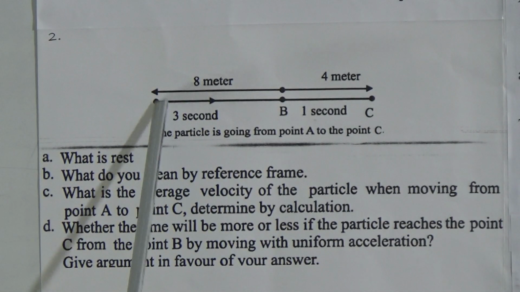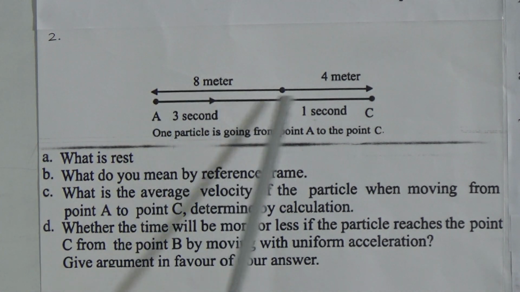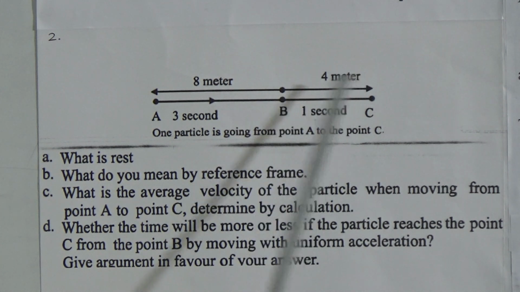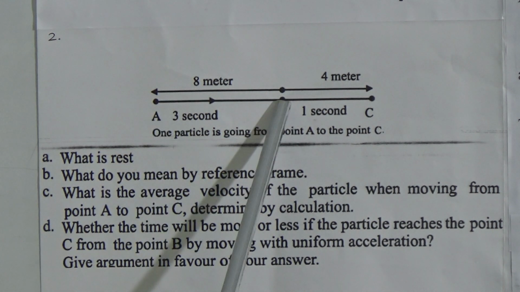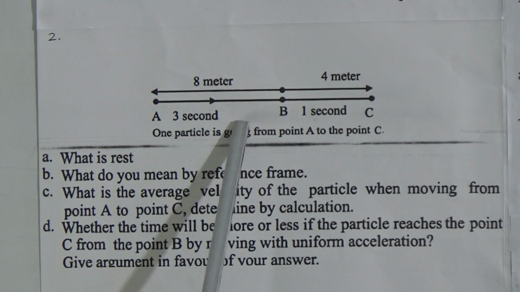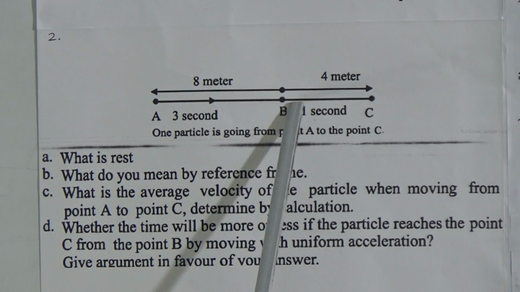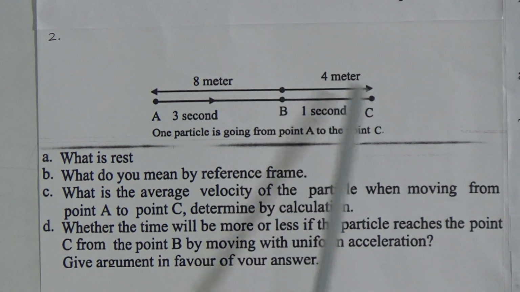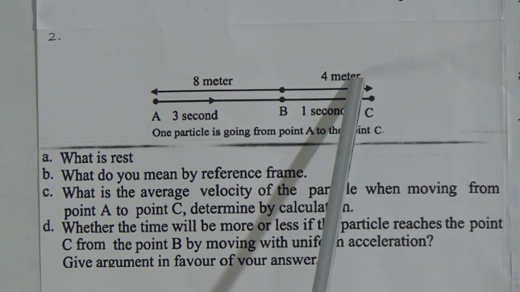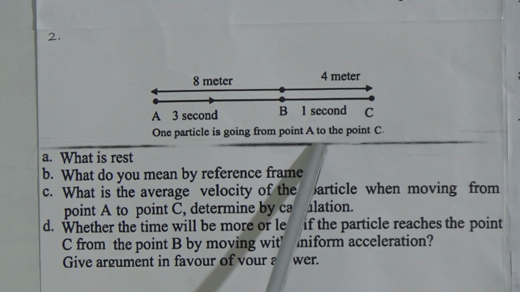Here one object goes from point A to B and from point B to C. When the object goes from A to B, it takes 3 seconds and covers 8 meters. And when the object goes from B to C, it takes 1 second and covers 4 meters. Dear students, on this stem we have to solve questions C and D.